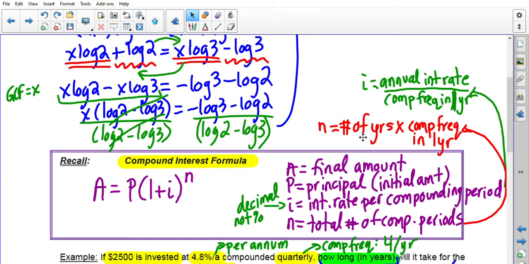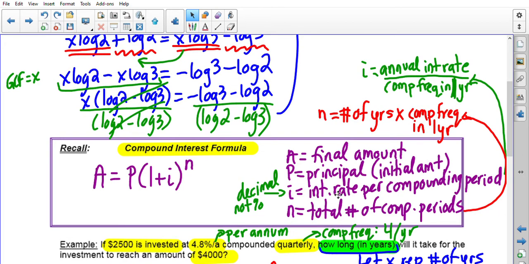So if it's an investment for 5 years, compounded quarterly, so 4 times a year, you do 5 times 4. That means the total number of compounding periods is 20. And another note here, remember your i value has to be in decimal form, not in its percent form.